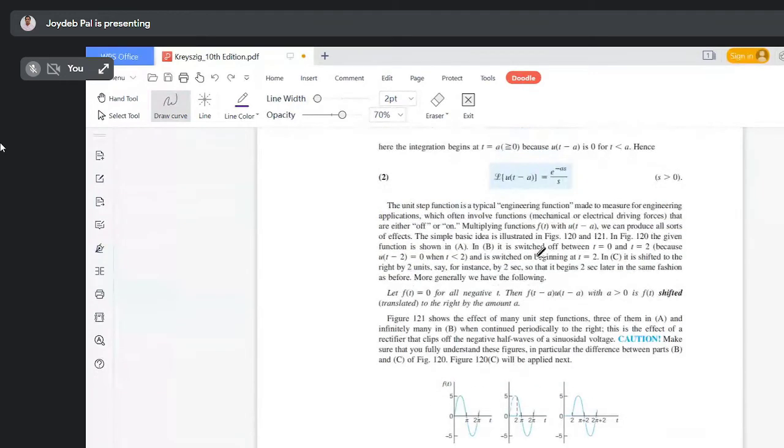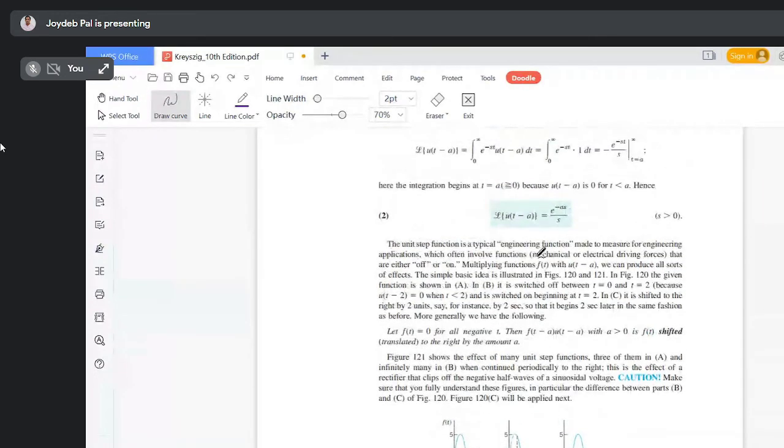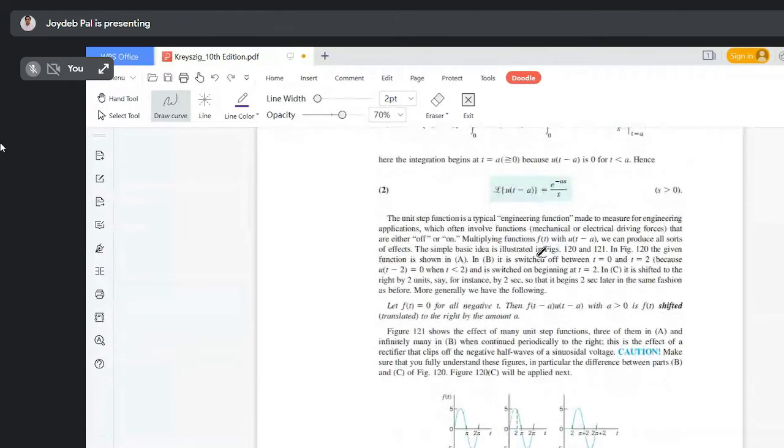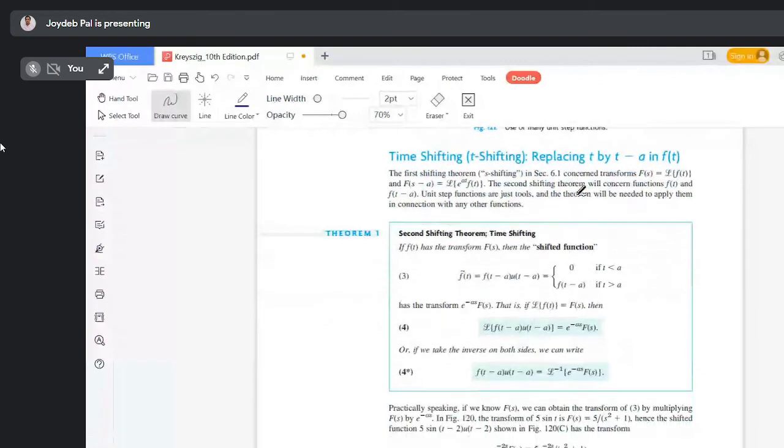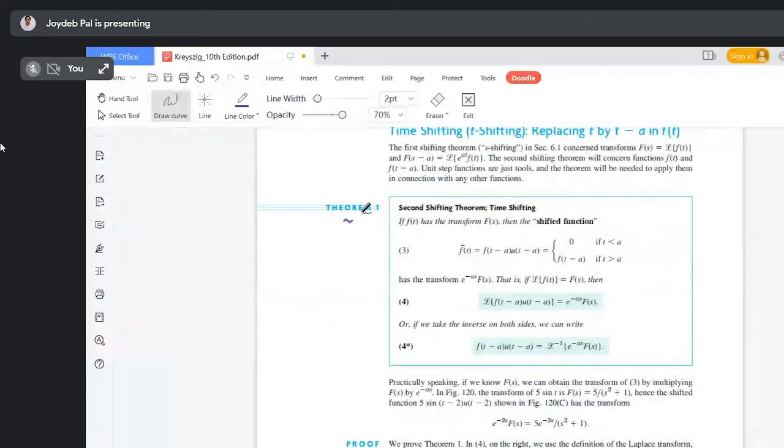So look at all this; if you want to understand the history, you can understand a little of what they are trying to say. Otherwise you can focus only on the numerical problems, because in the exam you are going to get numerical problems, they will not ask you about this history. So you should know this function first of all. Okay, Laplace transform of u(t-a), then you can come to this second shifting theorem. That is important. To solve the problems we need this.